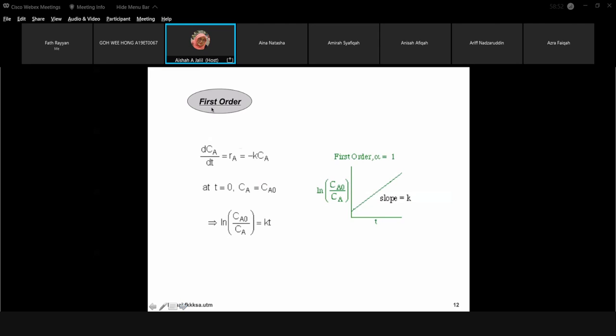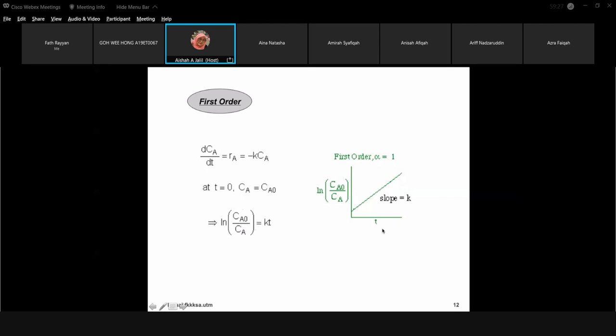For first order, the y-axis and the x-axis are different. The y-axis is like this. If you want to derive, you can derive, and then you can get the first order. The y-axis is like this. You can see here, y equals mx, where x is t.